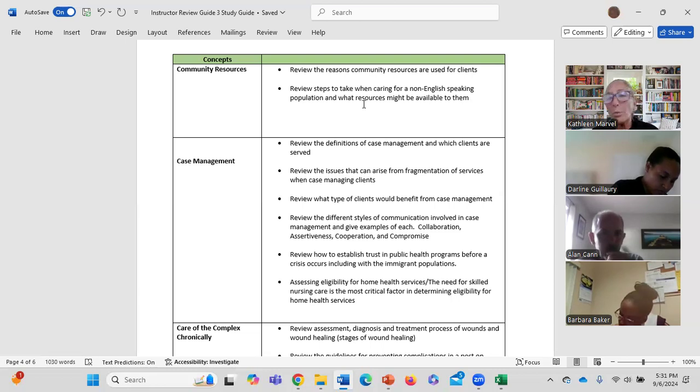People with multiple chronic diseases that may need multiple resources, maybe a mental health issue, substance abuse. Unfortunately, we can't case manage everybody, so case management is usually reserved for your high cost, high needs, high resource utilization clients.